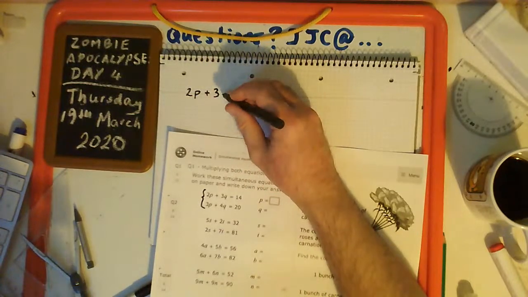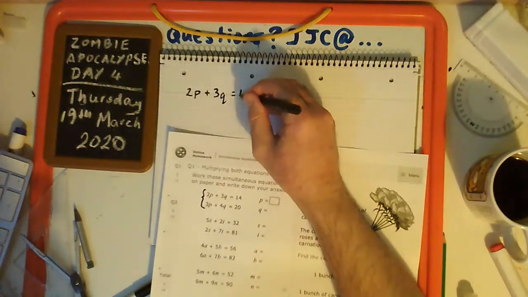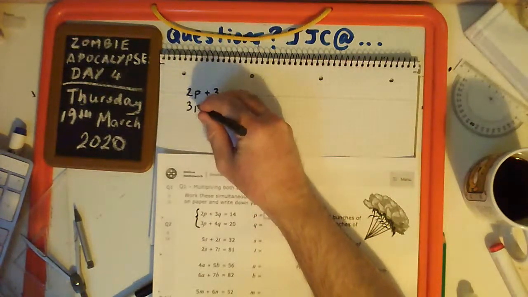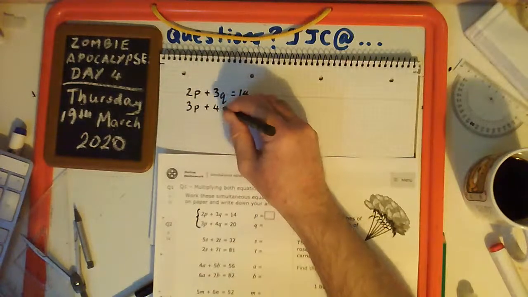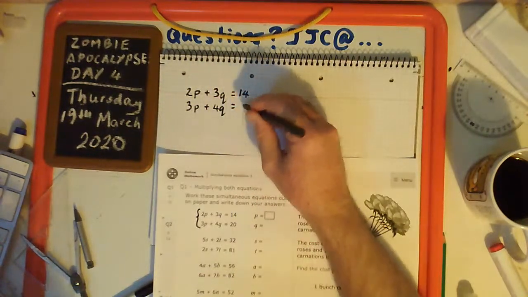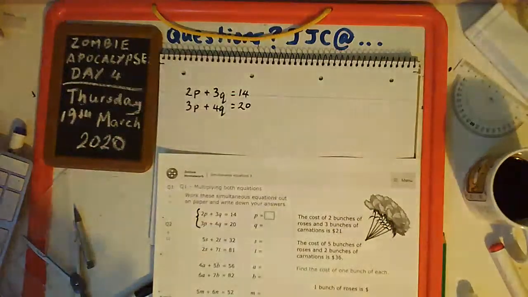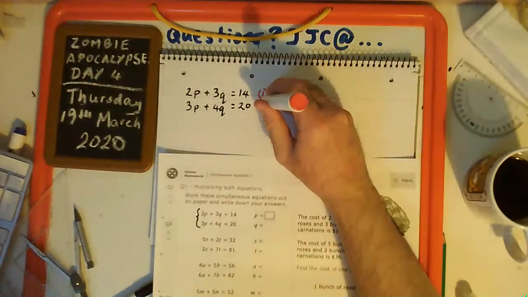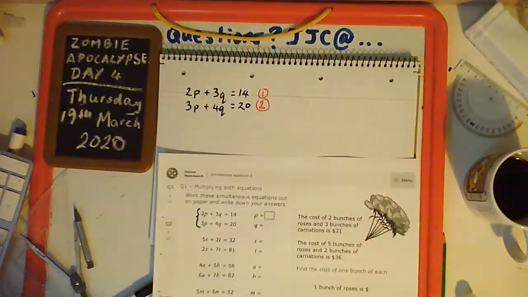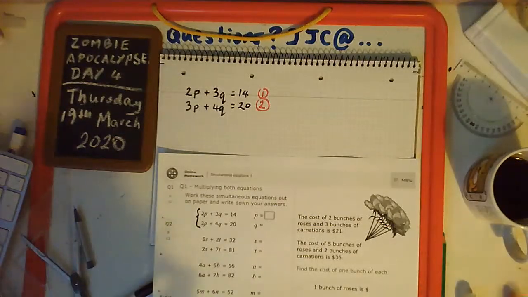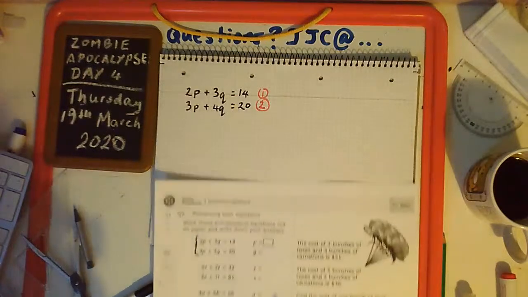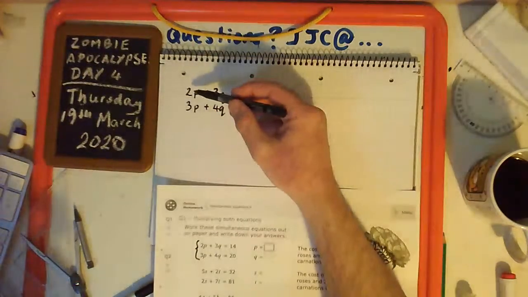So 2p plus 3q equals 14, and 3p plus 4q equals 20. I'm going to call those equation 1 and equation 2. Now the first thing I'm going to try to do is make something the same in both of those equations. At the moment everything's different.